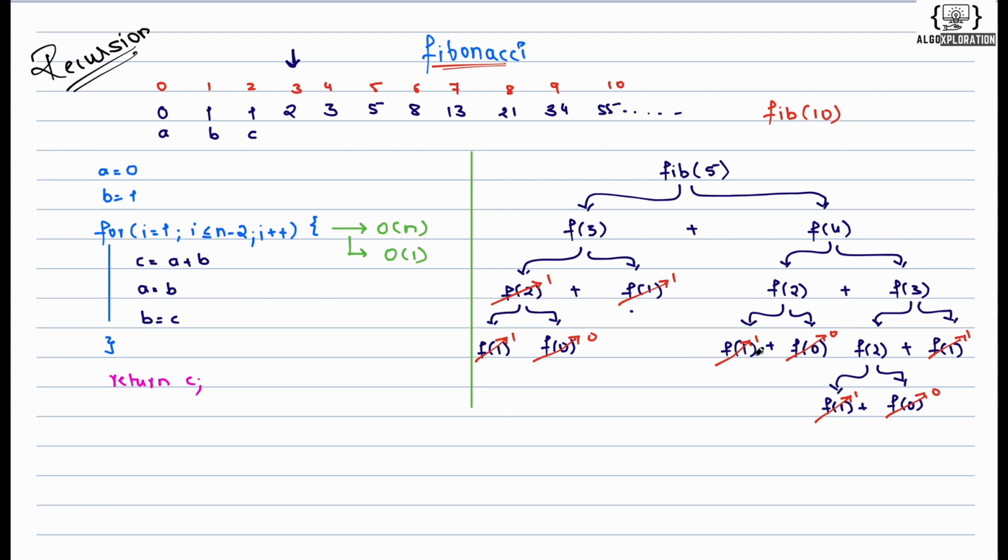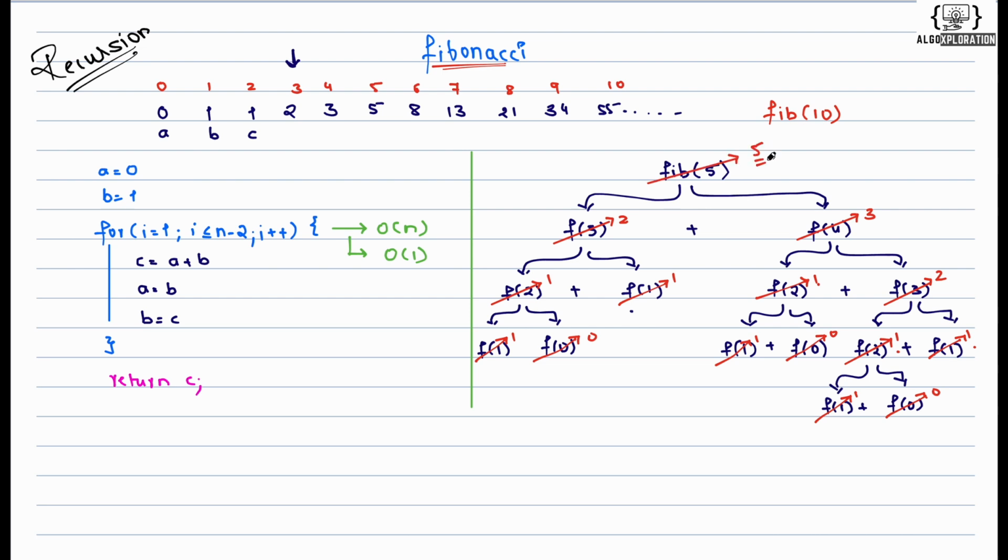Same goes for 1 plus 0, the value of this will be 1. Now 1 plus 1, the value of f of 3 will be 2. Okay, so what will be the value of f of 4? 1 plus 2, that will be 3. So 2 plus 3, the value of f of 5, that means Fibonacci of 5, will be 5.